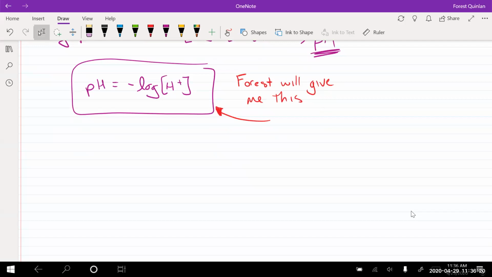Nice, Emily did applauding. All right, so if we look at the concentration of H pluses, we can now determine the pH that thing would be.